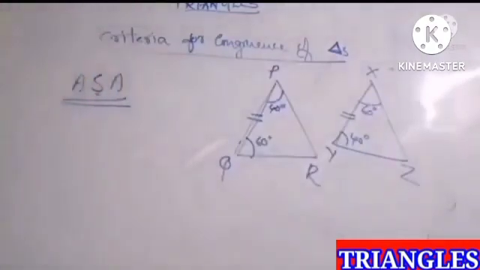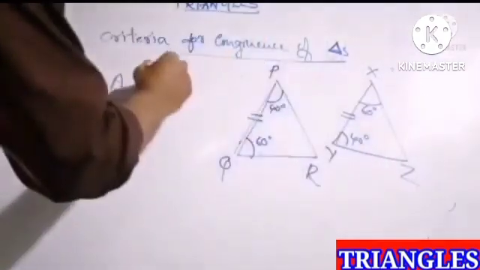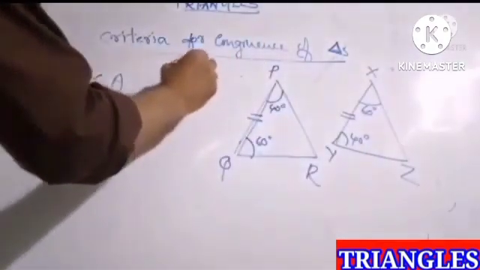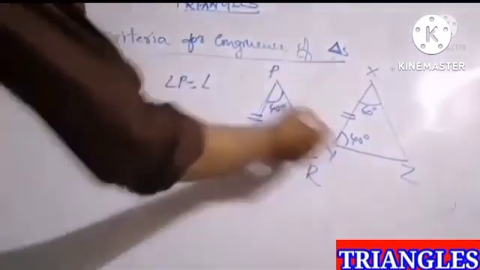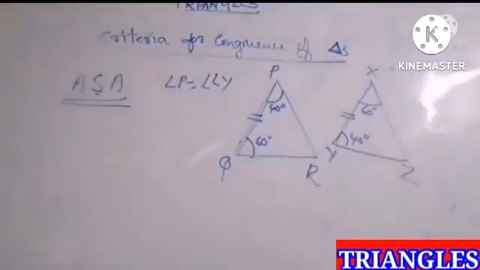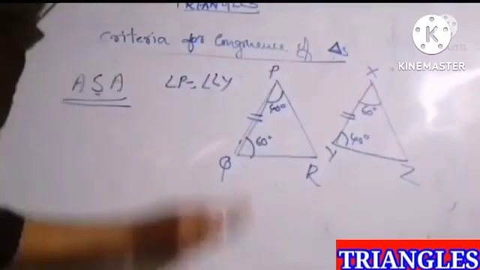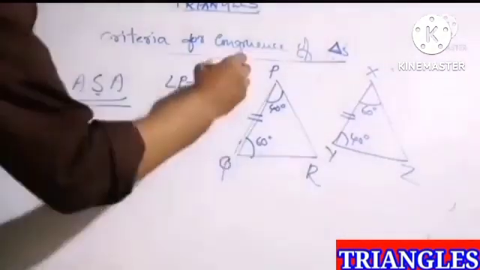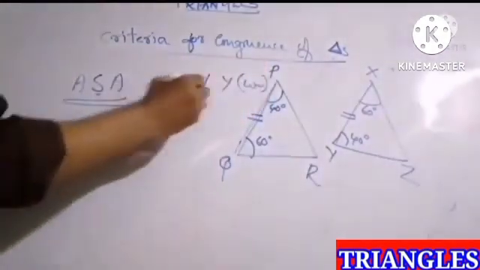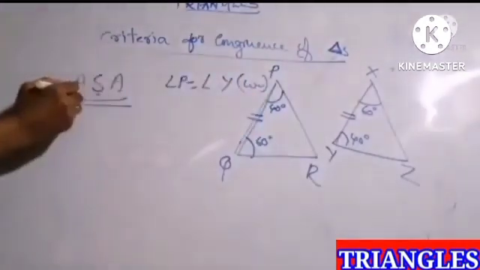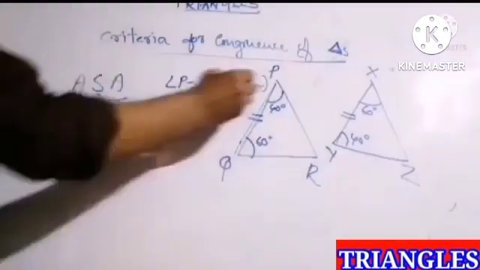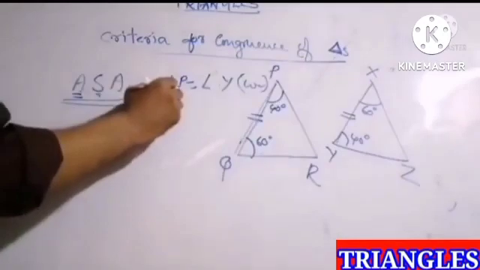Then from the figure we have angle P equal to angle Y. That is given. The reason is given. So first A is complete, next S, which is represented by PQ.